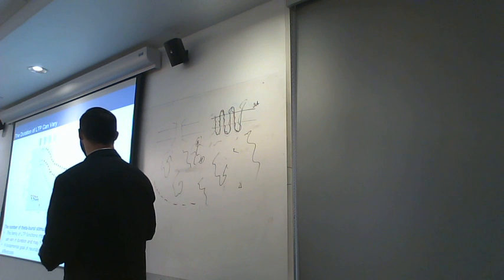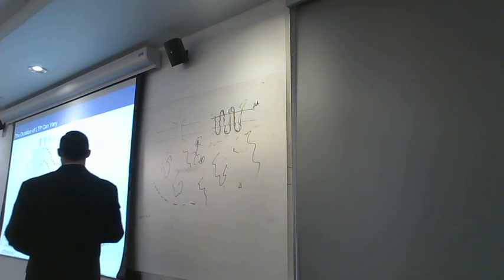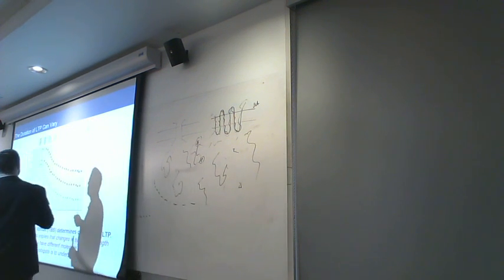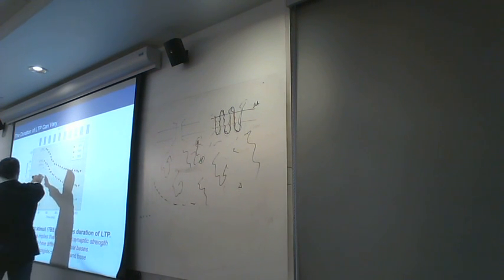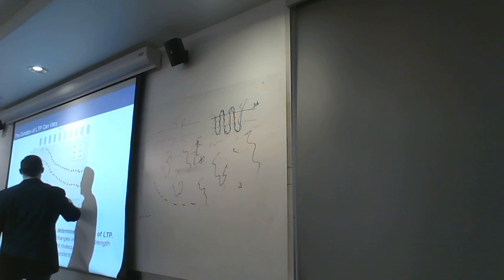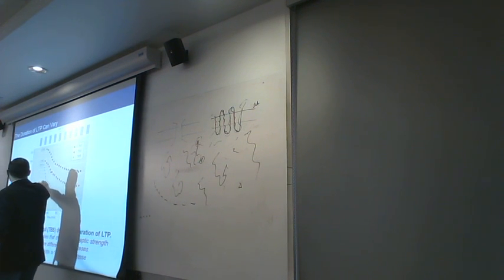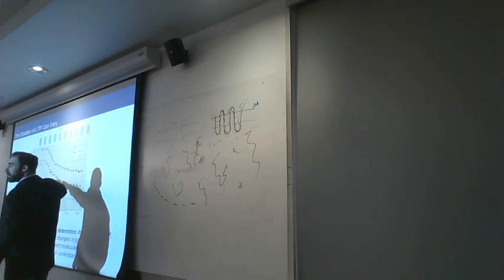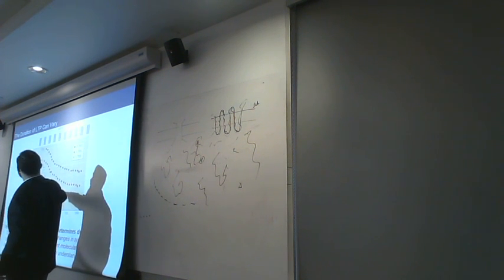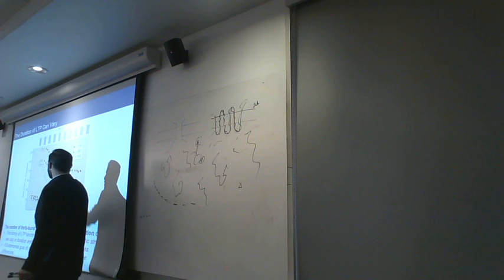So we can also see that how long something is potentiated changes. So here we see that a certain type of LTP doesn't last as long as a different type. And some factors that are involved in changing that is basically what we call theta burst stimulation.